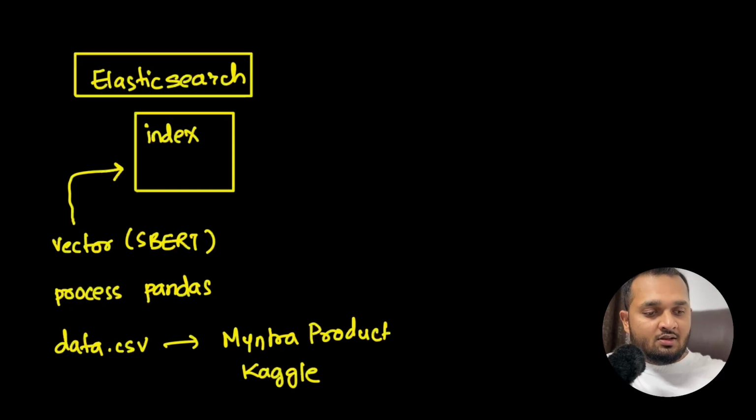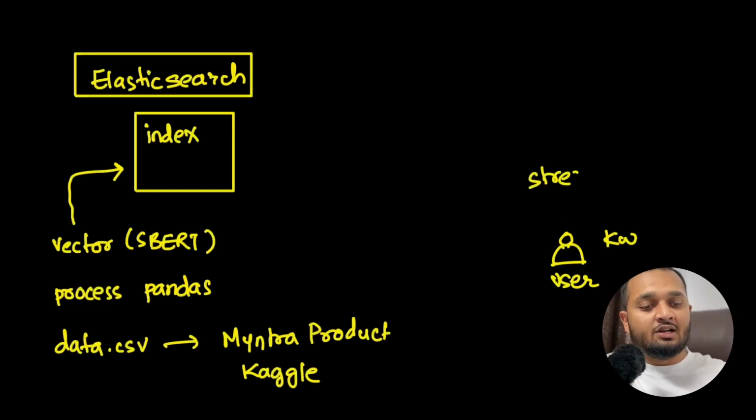Now, from the user side, let's just say this is a user and the user will type any keyword. The user will interact with the Streamlit UI. Streamlit is a Python library with which we can very easily make a UI for this search. This is the UI which I showed you at the beginning of the video, and this is the same UI we're going to make from scratch.